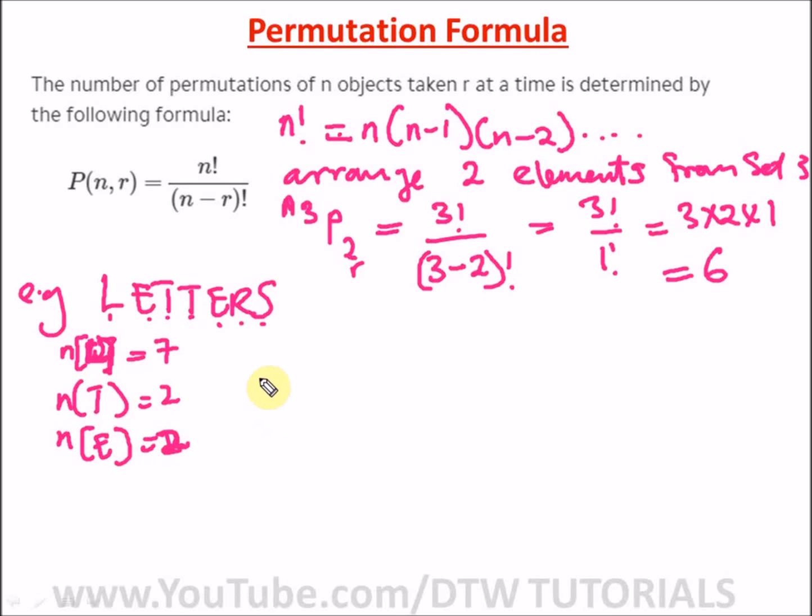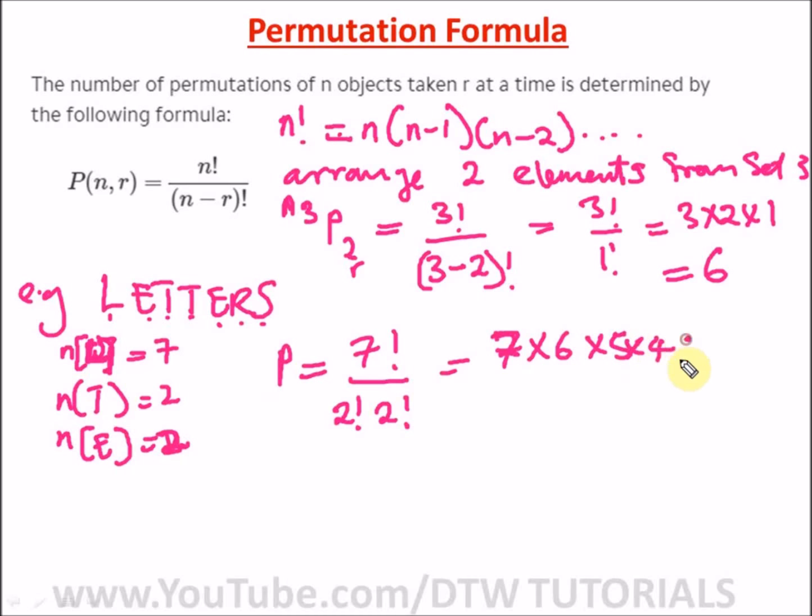So how do we find this? The permutation of this particular word is simply the total number of letters, 7 factorial. That is our n. And we have 2 letters repeated, so we have 2 factorial, 2 factorial. So here we have 7 times 6 times 5 times 4 times 3 times 2 times 1 divided by 2 times 1 times 2 times 1.